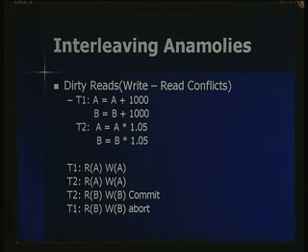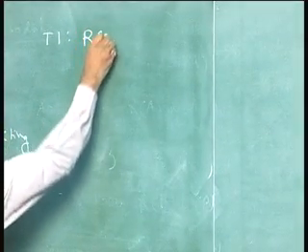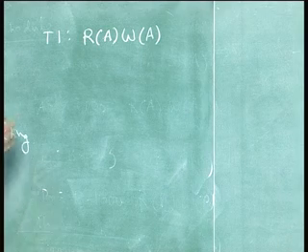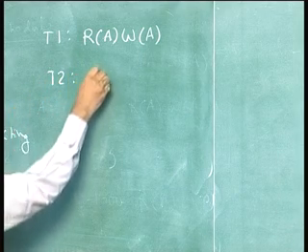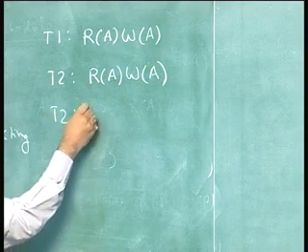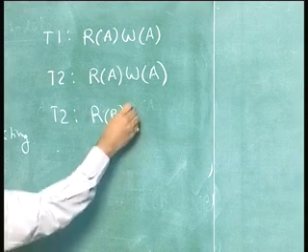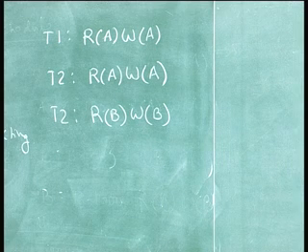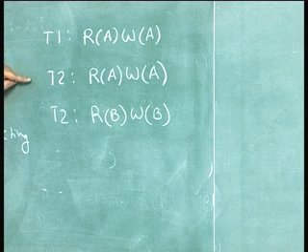As we go to the earlier case, T1 is reading data item A and then writing data item A. T2 is also reading data item A and then writing A. The other part of T2 is read B and write B. With respect to data item A, the order between T1 and T2 is that T1 is before T2.